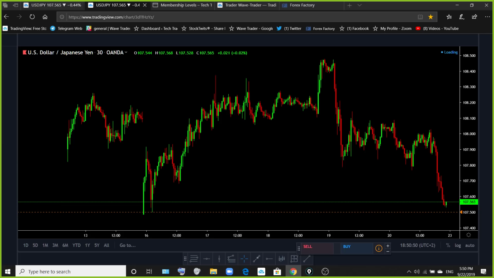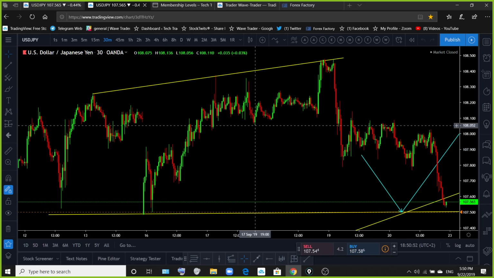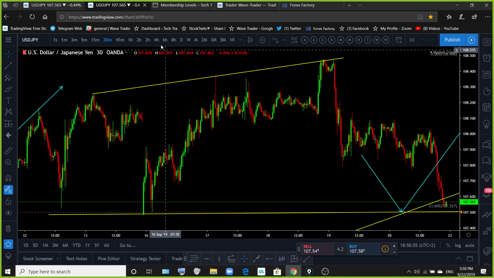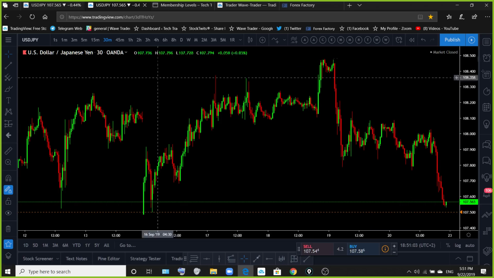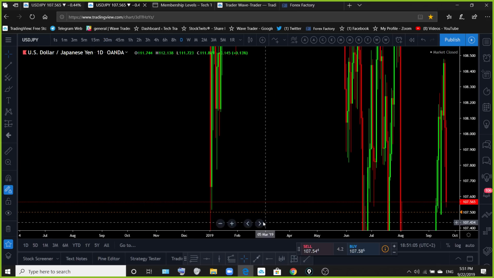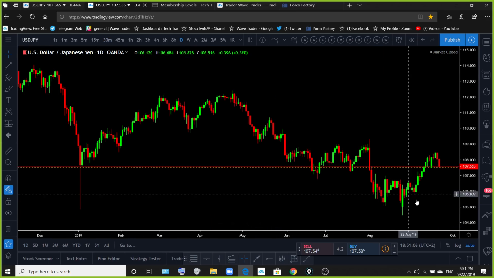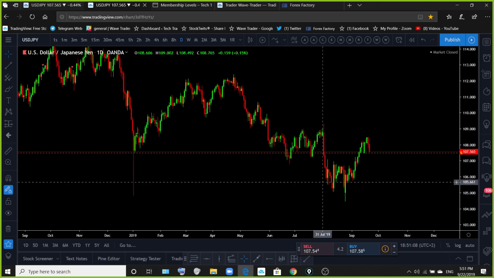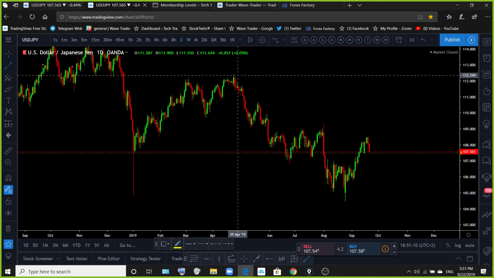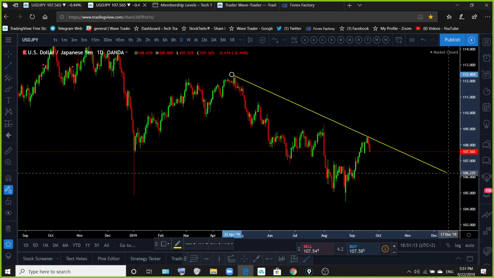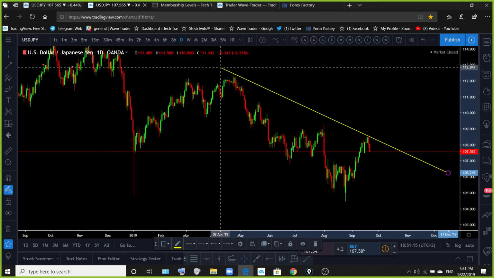So these days, uncertainties are driving the market. Central banks are not moving the market, uncertainties are driving the market. So let's look at the chart in a different way. That's the old trend.